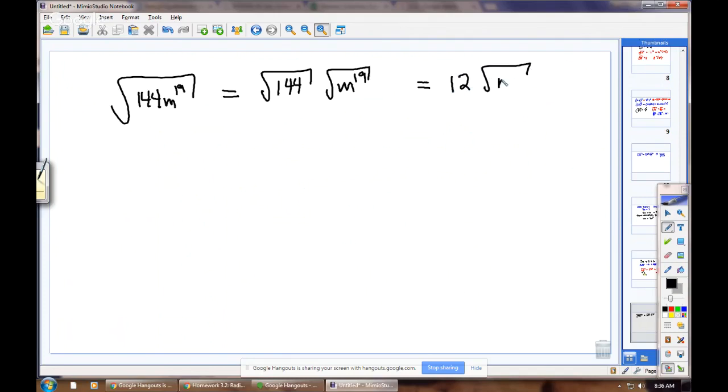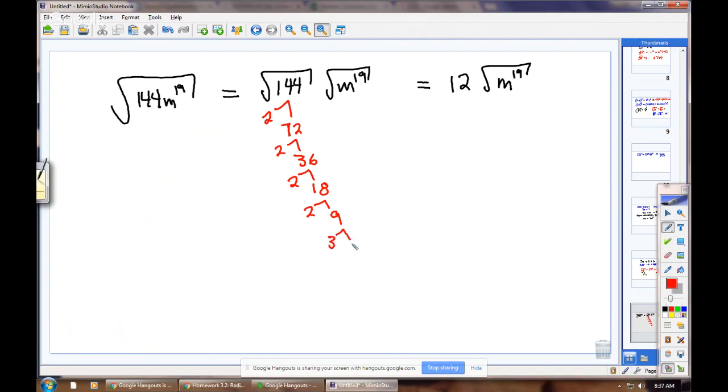Then I need to consider m to the 19th. If you didn't recognize 144 as 12 squared, then you would have to make a factor tree. So maybe whip out your calculator. 2 goes into 144 72 times. 2 goes into 72 36 times. 2 goes into 36 18 times. 2 goes into 18 9 times.